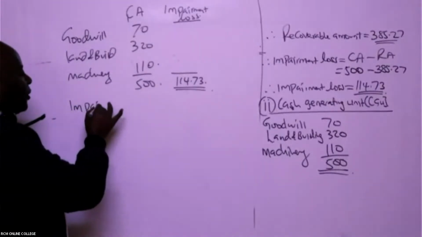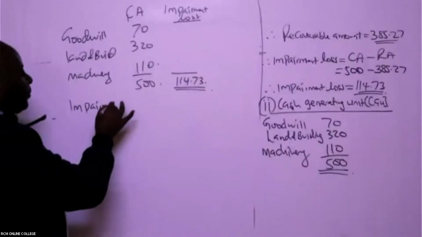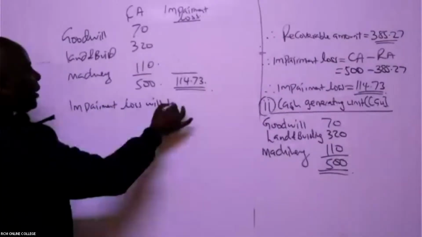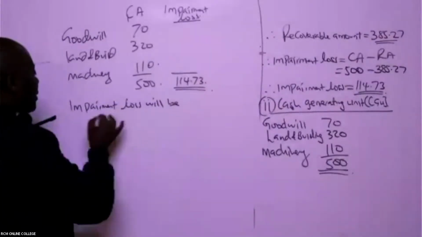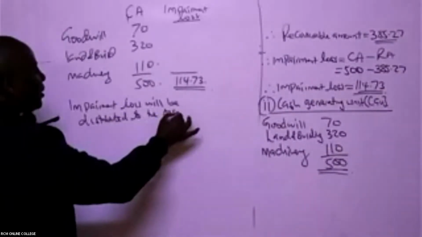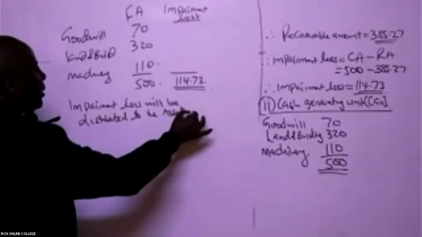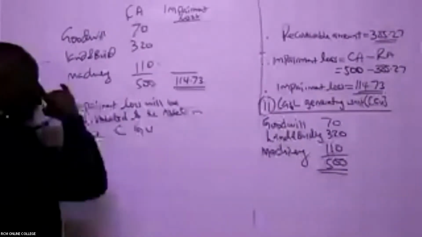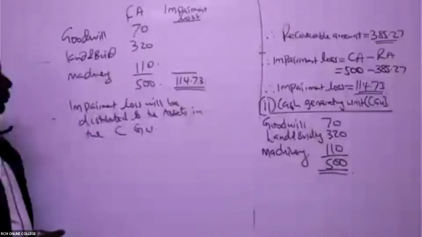So the impairment loss will be distributed to the assets in the CGU, in the cash generating unit.